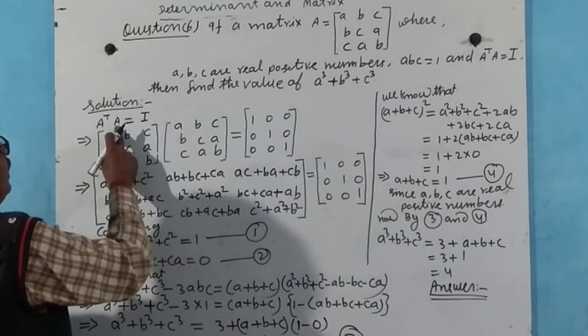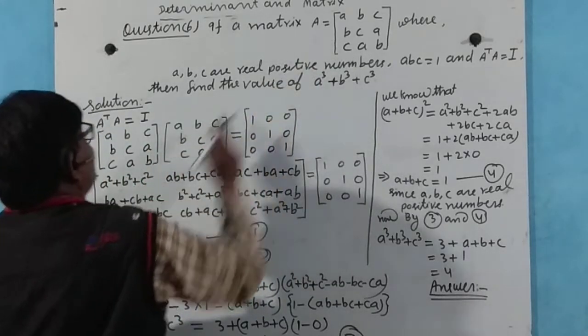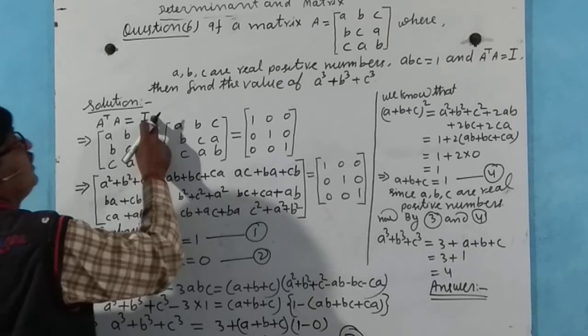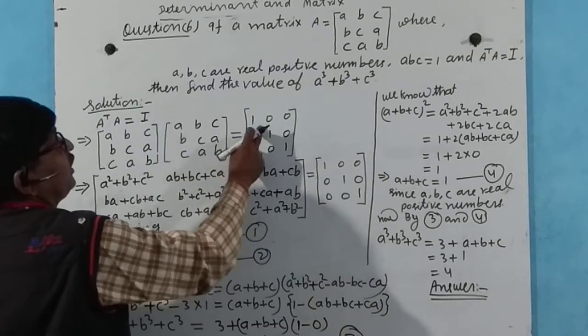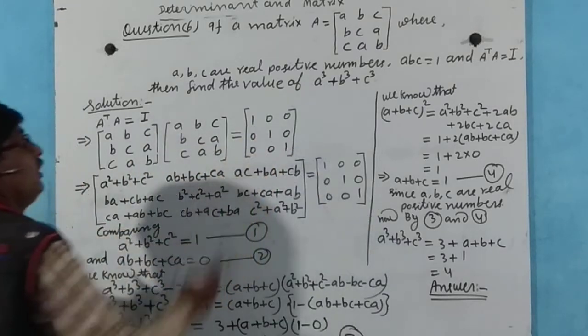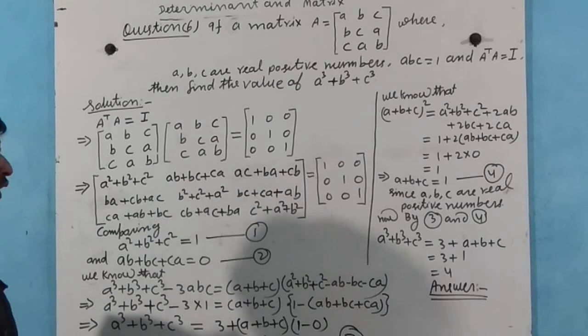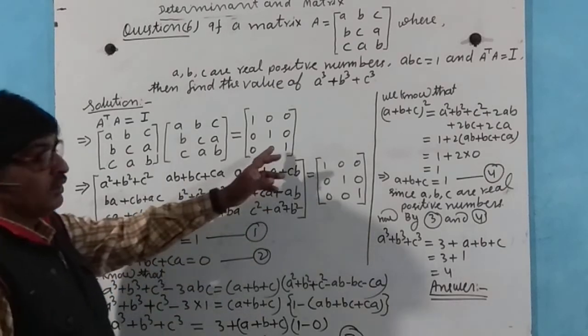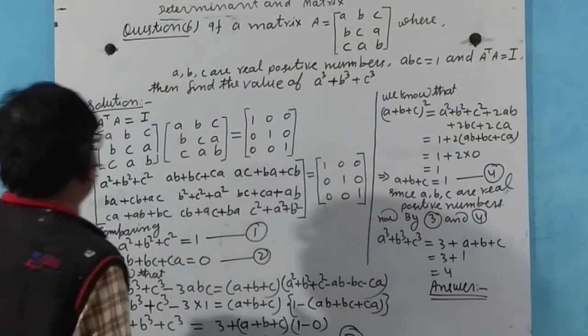This is multiplied with matrix A, and this is I, the 3 cross 3 matrix where only the diagonal elements are 1 and the rest of the elements are 0.